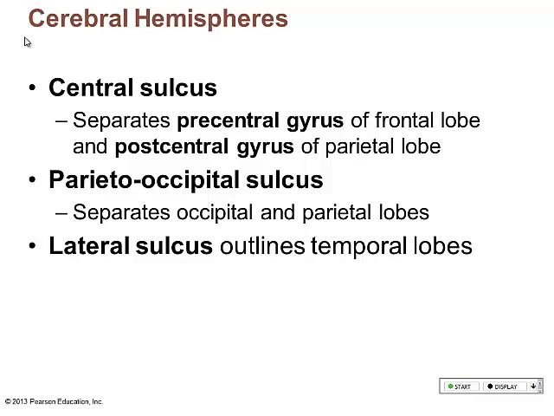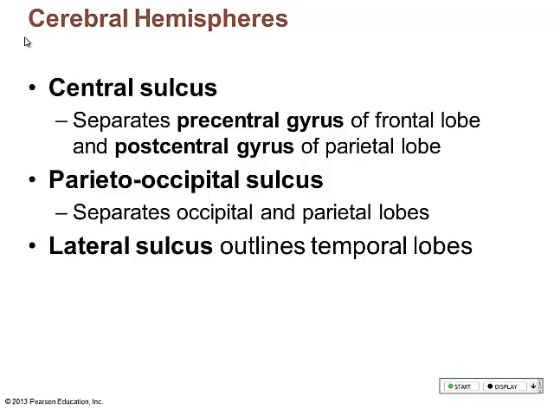The central sulcus is going to separate parietal lobes from frontal lobes. The parieto-occipital sulcus is going to separate what? Yeah, so it's right in the word. If you remember what the lobes are and you see the word, then you can understand where they are located in the brain.